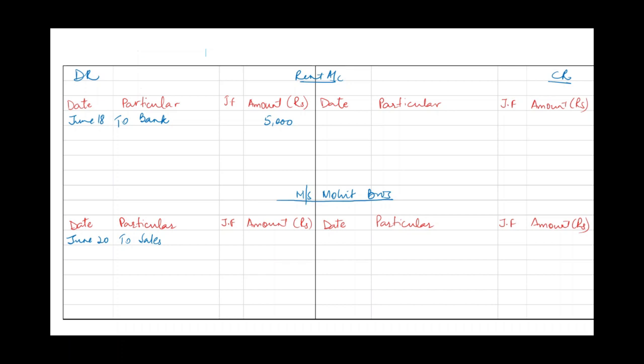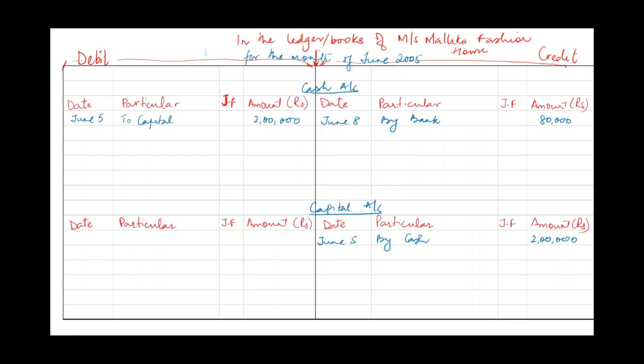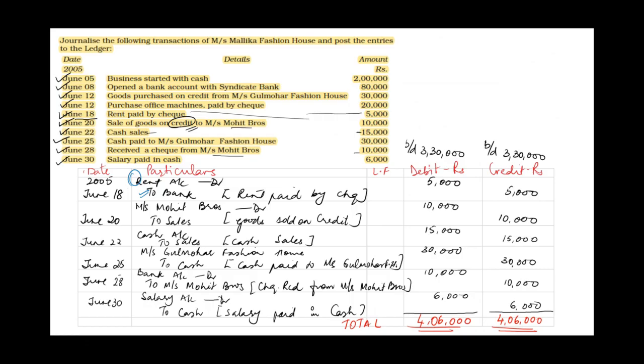Rather than that, he becomes my debtor, he needs to pay, so I will debit his account with sales of 10,000, and I'm going to credit my sales. I told you sales is always a credit balance, so it is June 20th, and I'll say by Mrs. Mohit brothers, 10,000. Okay, so with this transaction also over, let me go to the next one.